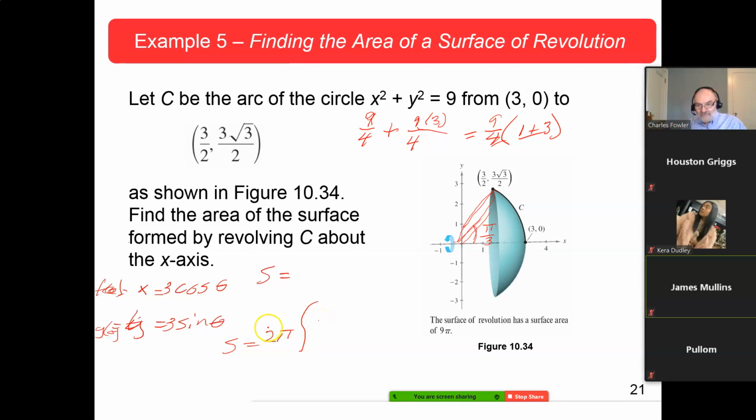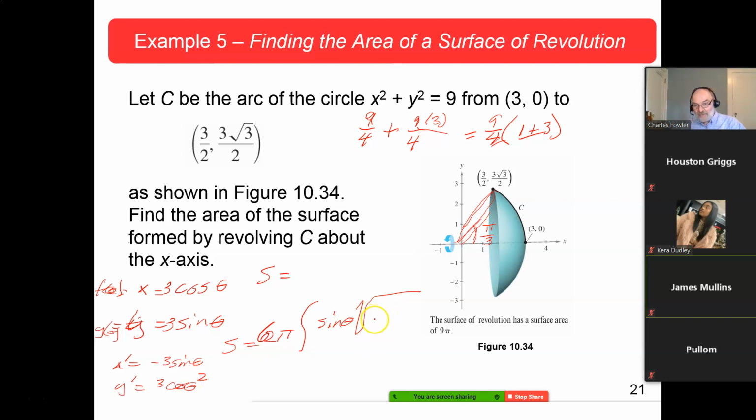I'm going to take the 3 on the outside and make this 6 pi sine theta times the square root of, and we have to take our derivatives of each of these. Your x prime is going to be minus 3 sine theta, and your y prime is going to be 3 cosine theta.